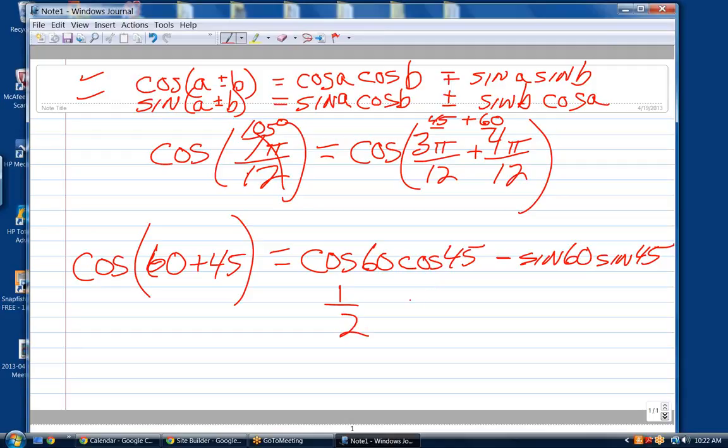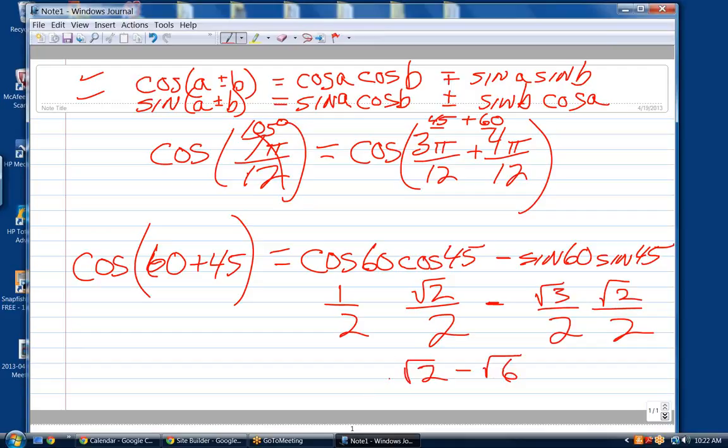Cosine of 45? Root 2 over 2. Sine of 60? Root 3 over 2. Root 2 over 2. So what we end up with is square root of 2 minus square root of 6, times 1/4.